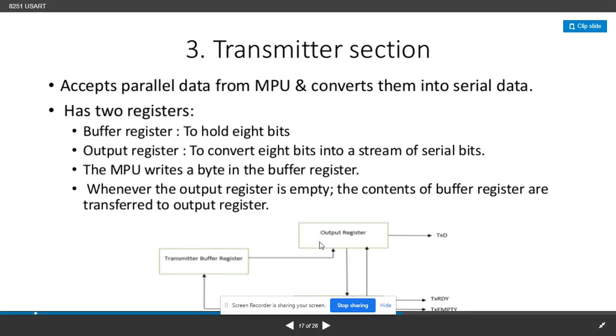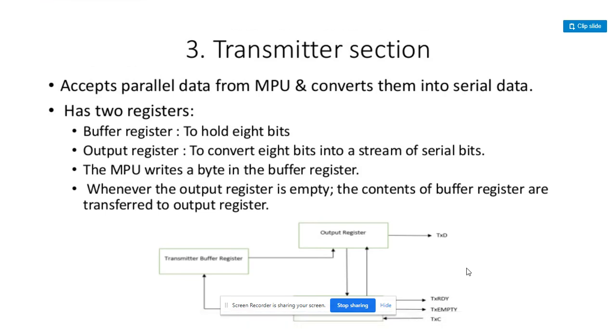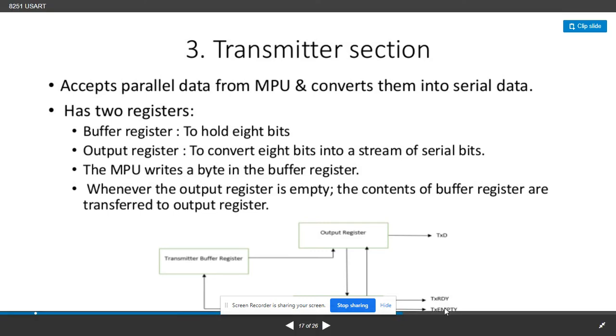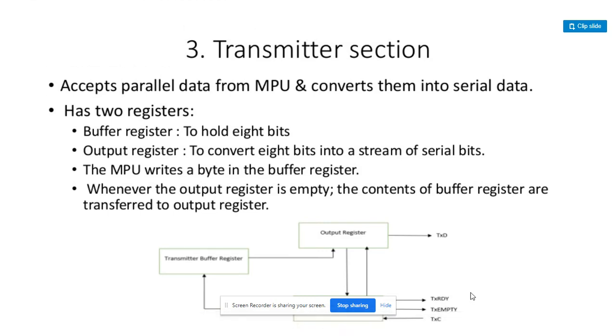Now the new data can be sent to this register. Transmit ready, here is the transmit ready signal that informs the external device that the device has to be ready, and there is a signal that is called transmit empty that provides the signal that the data has been transmitted fully.